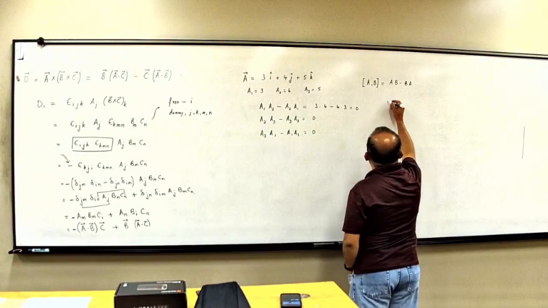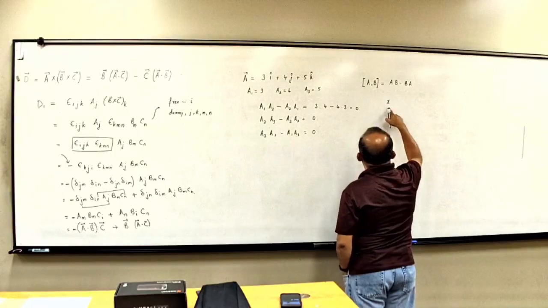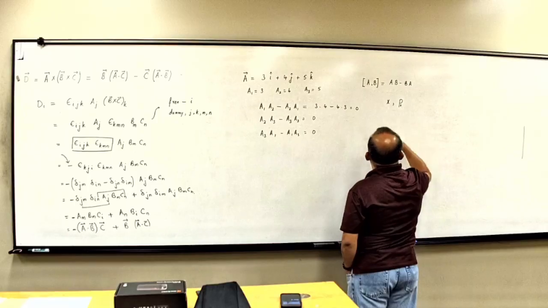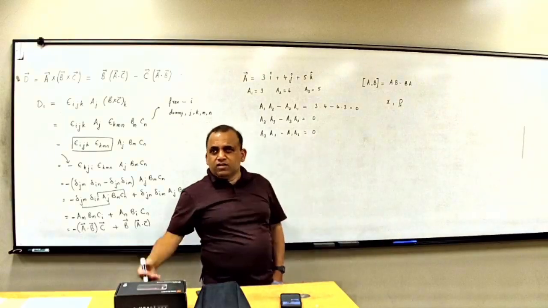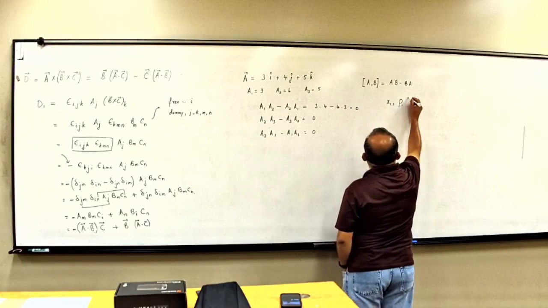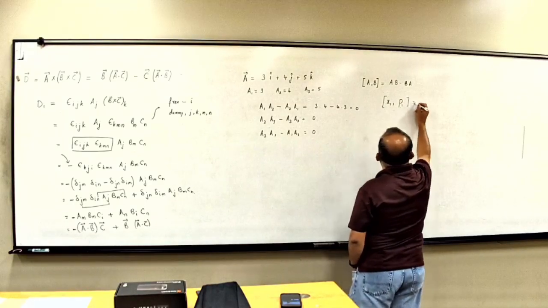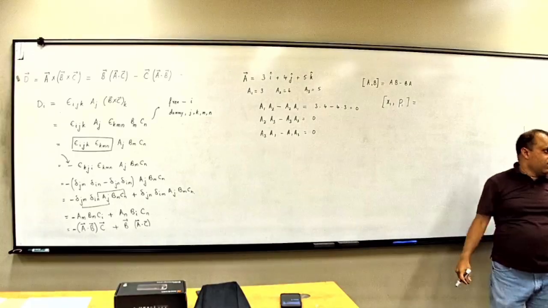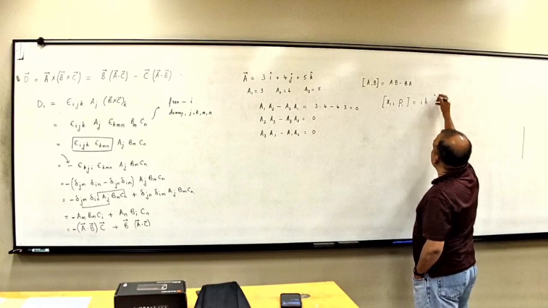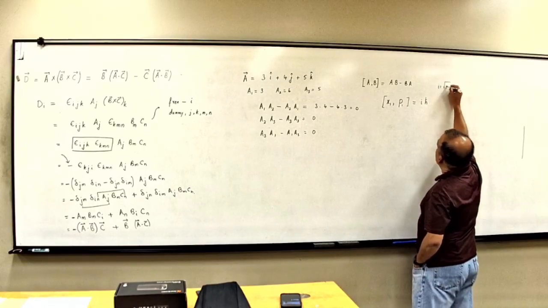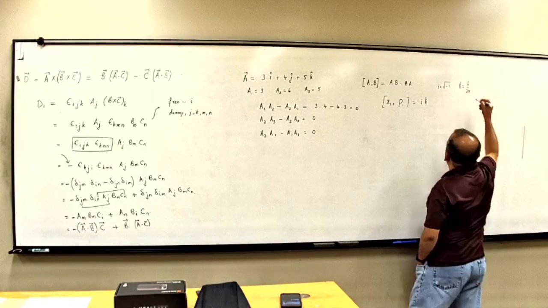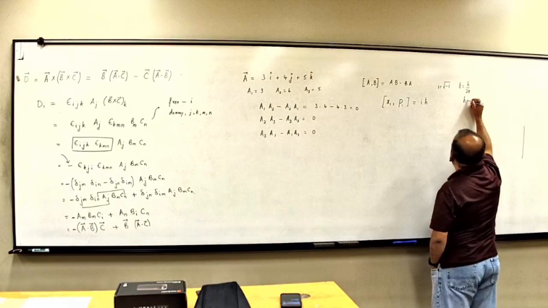If you have a position x and the momentum in the x direction, and momentum is a vector, say this is x1 and that's p1, what is that equal to in quantum mechanics? It is i h bar. i is the square root of minus 1 and h bar is equal to h over 2 pi, where h is Planck's constant.